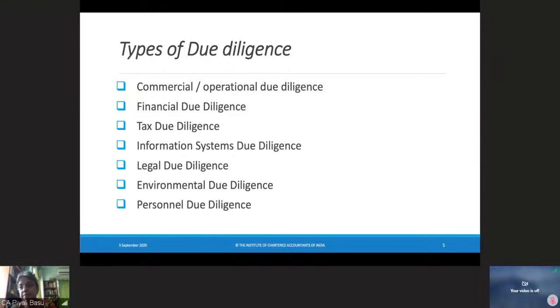Capex, Opex is there. So it could be very much possible that the system they're using is very outdated.